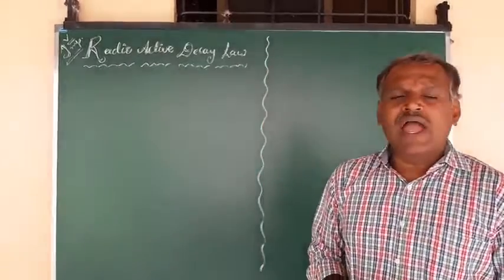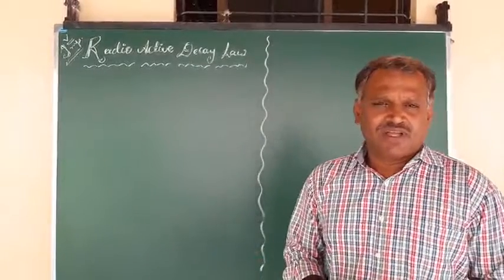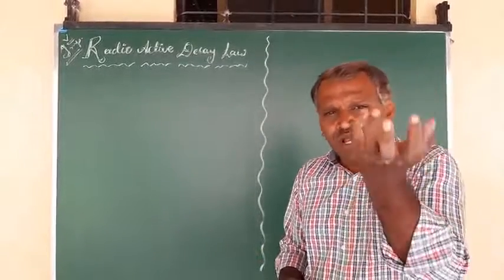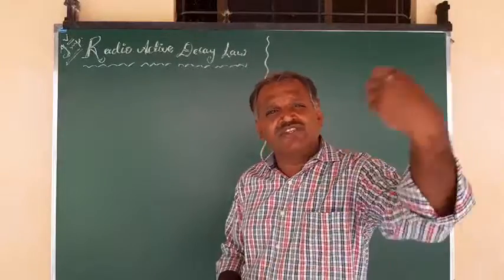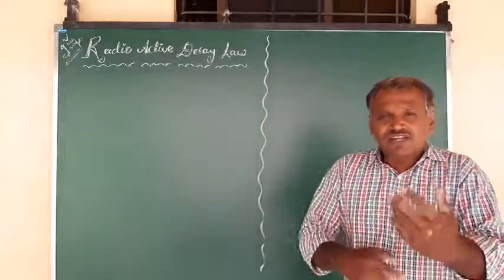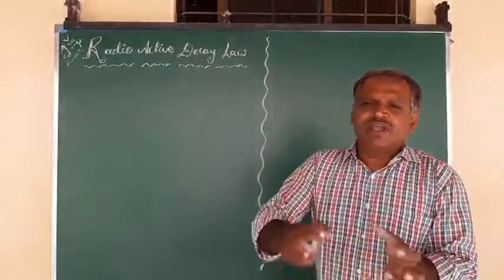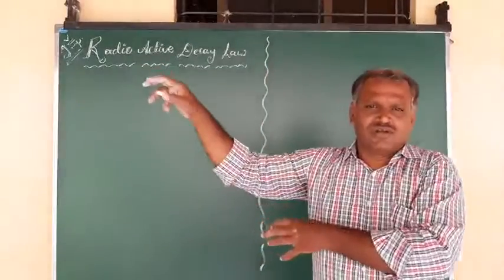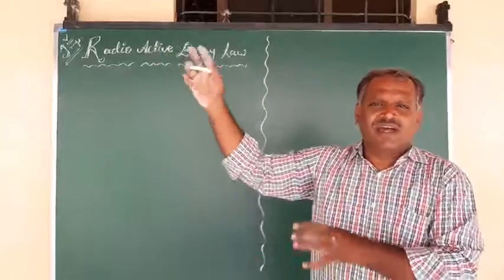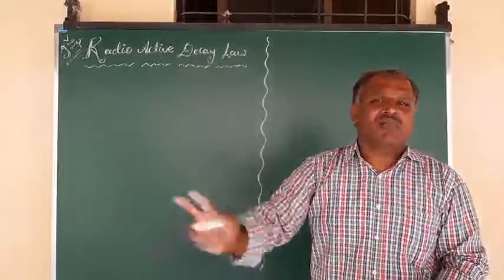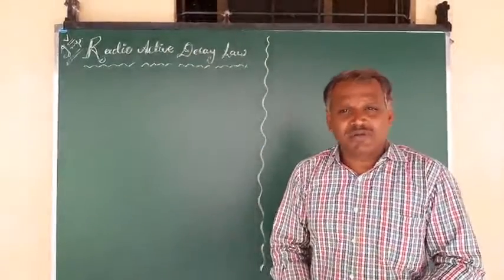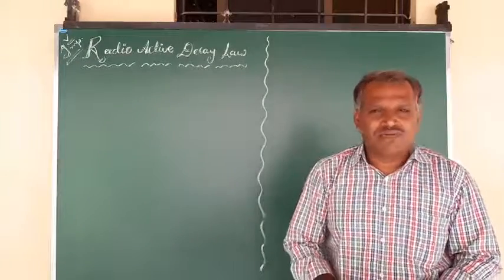Here, the law tells us how many nucleons are present in that nucleus at any instant of time, and how many have decayed or disintegrated and no longer exist in that nucleus after some time because of the radioactivity process.